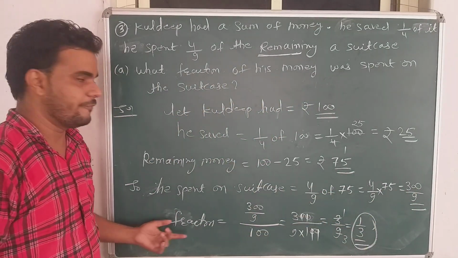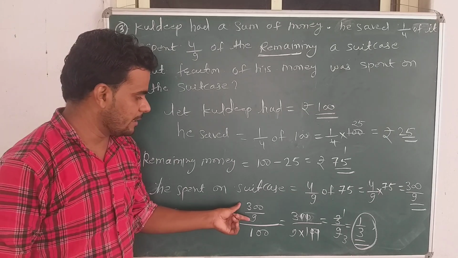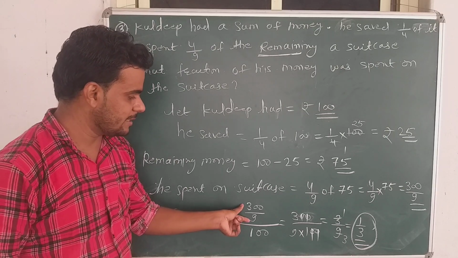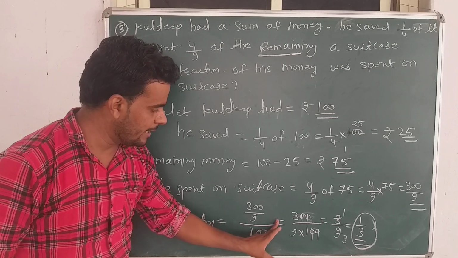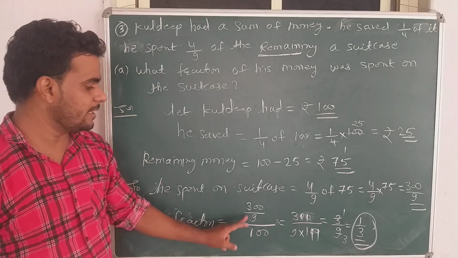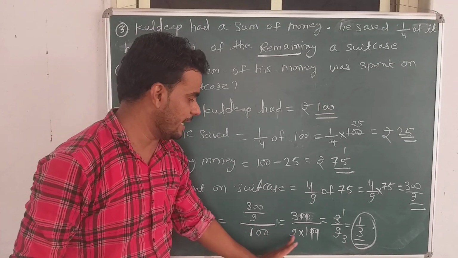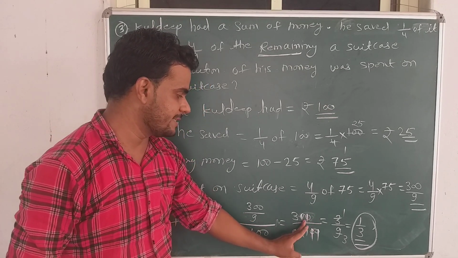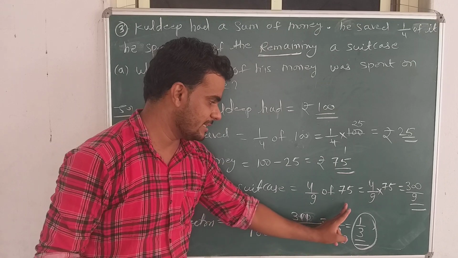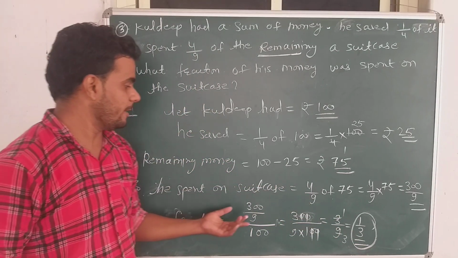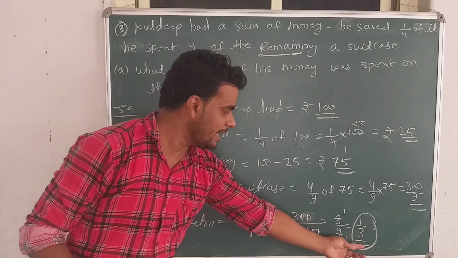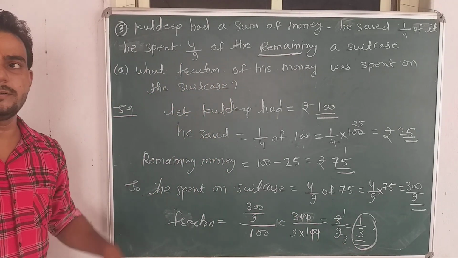And when we will find out the fraction, then we will make it the money spent on suitcase upon total money, then 300 by 9 upon 100. So 9 and 100 both are denominators, so there is a multiplication of 9 and 100. 20 and 20 is cancelled. 3 by 9 is remaining. 3 1s are 3 and 3 3s are 9. So the fraction of money spent on suitcase is 1 by 3. Take a screenshot and write it.